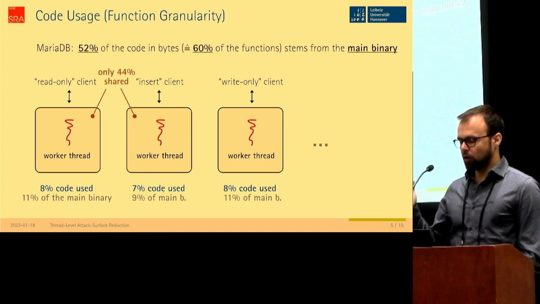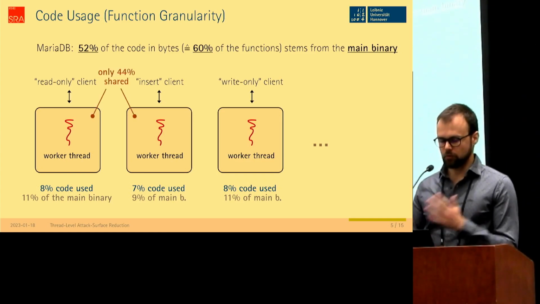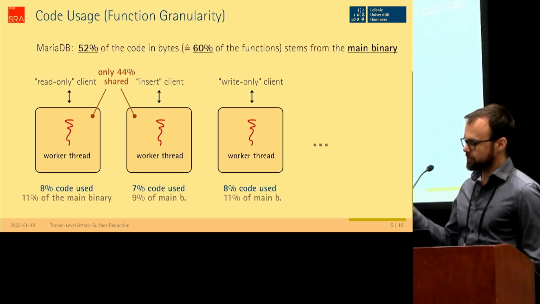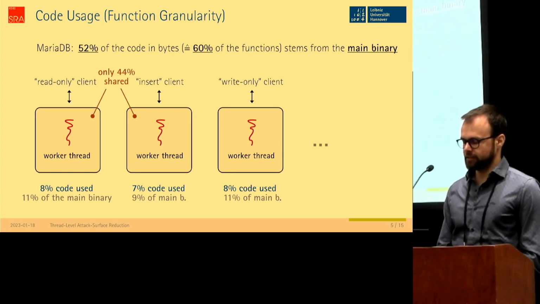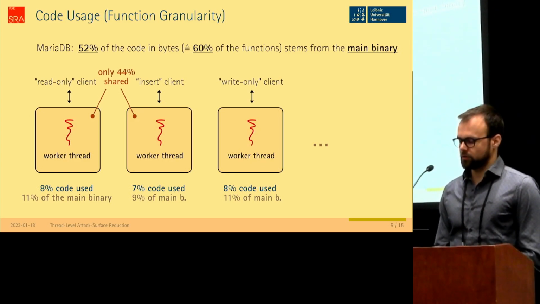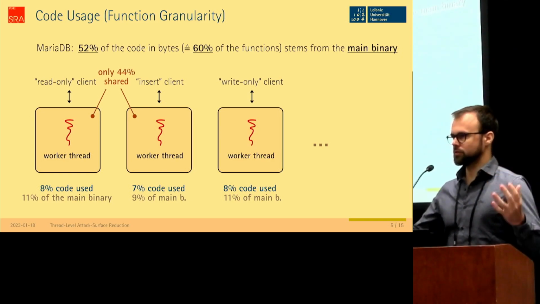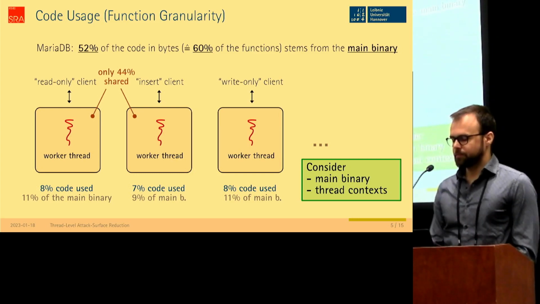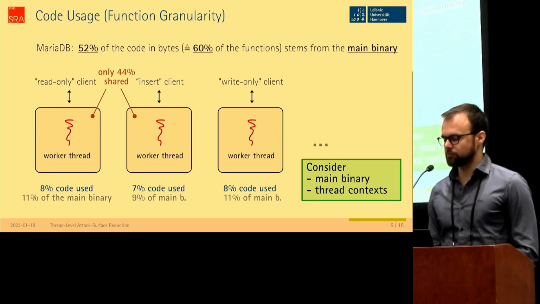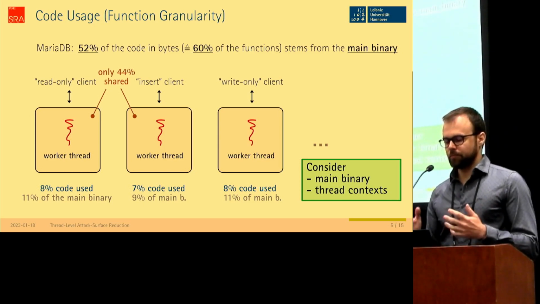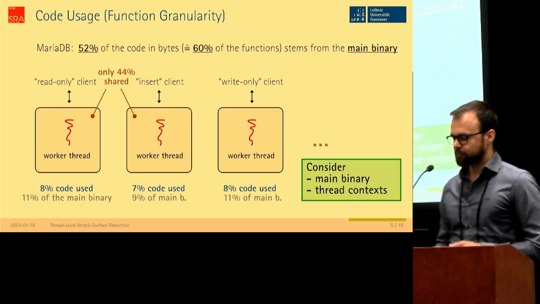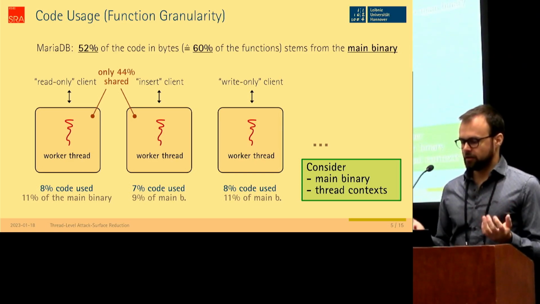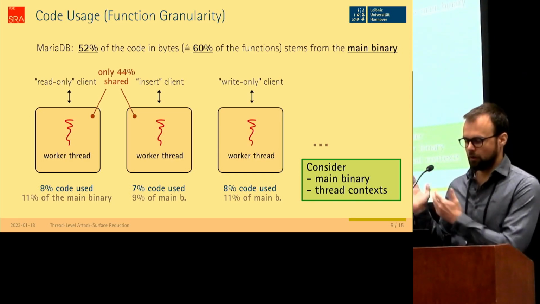And now if we compare different workloads, for example, a read-only client and an insert client, the corresponding threads share only 44%, in this case, of the used code. So they mostly use different code. So we can conclude, to more effectively reduce the available code, we must consider the main binary, and we should also consider different thread contexts, because they don't share a lot of code, as it seems.